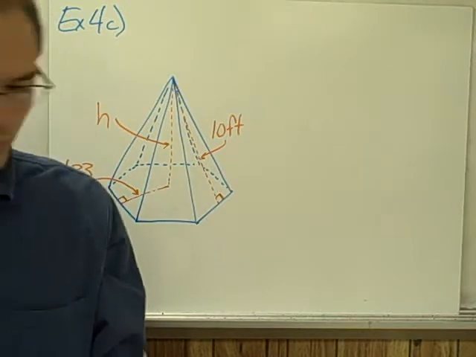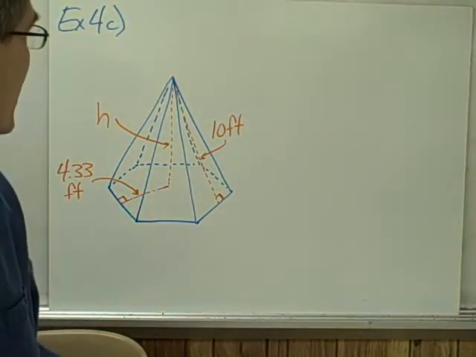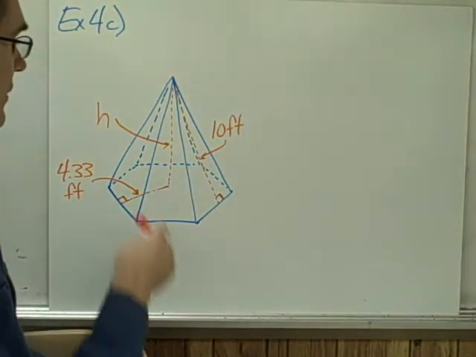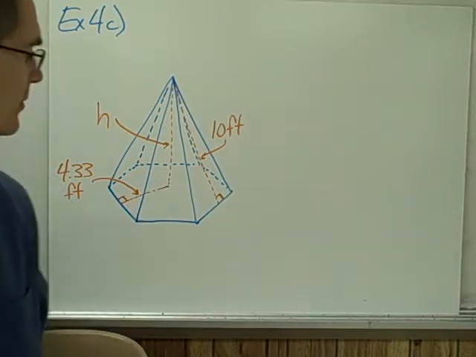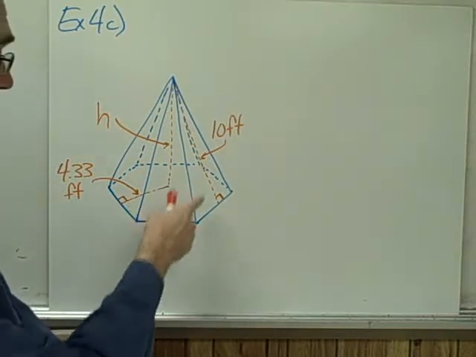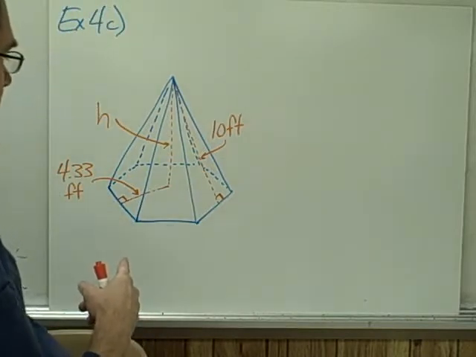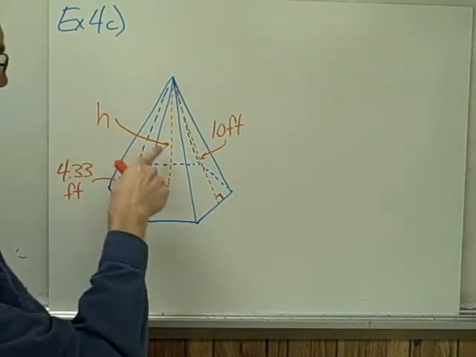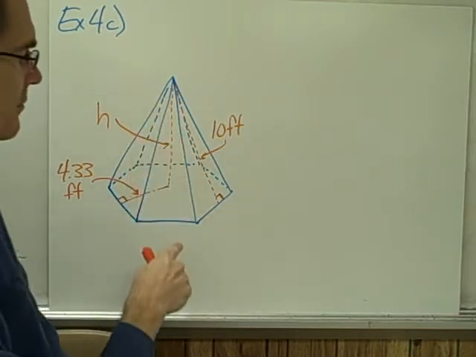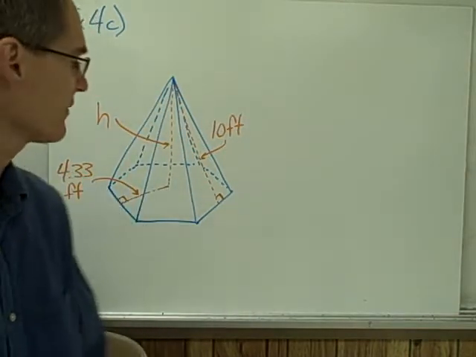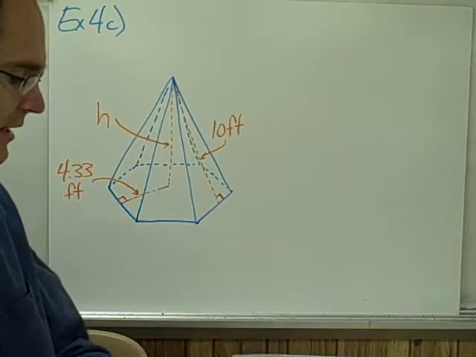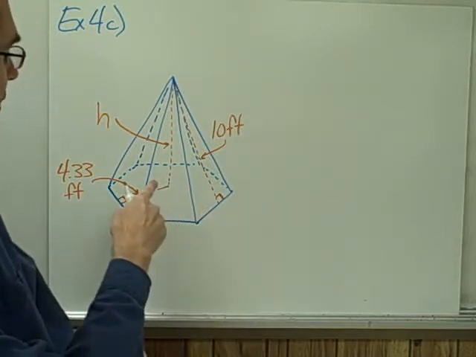Now, example 4C, I want to calculate, again, the volume of my hexagonal pyramid. Once again, I already know the area of my base because I calculated that in a previous example. But once again, I don't have the value of the height of my hexagonal pyramid, so I'm going to have to calculate that, and I'm going to calculate that similar to the way I did on the previous example.